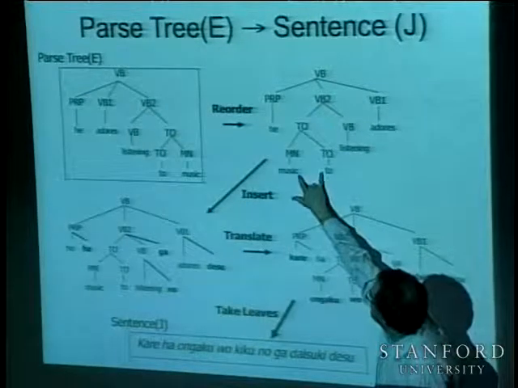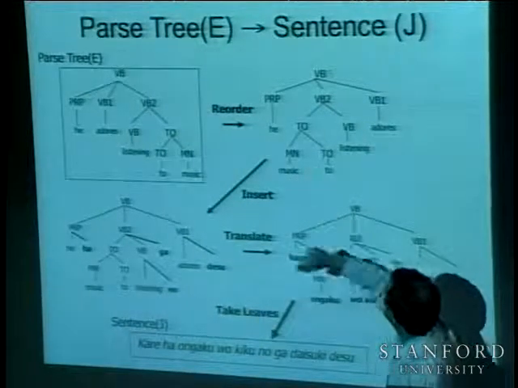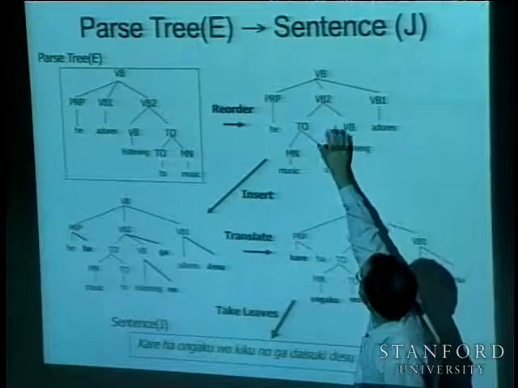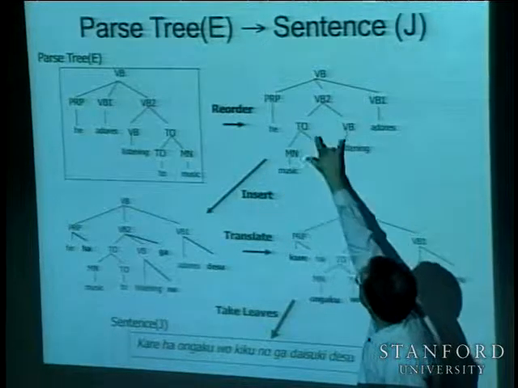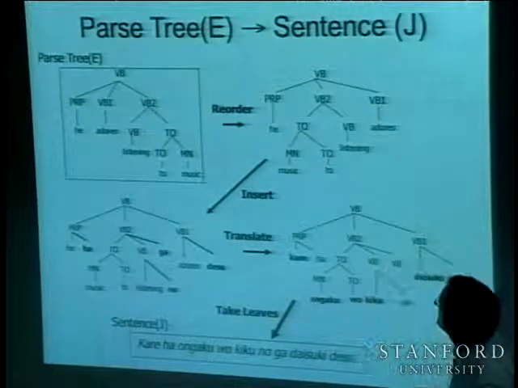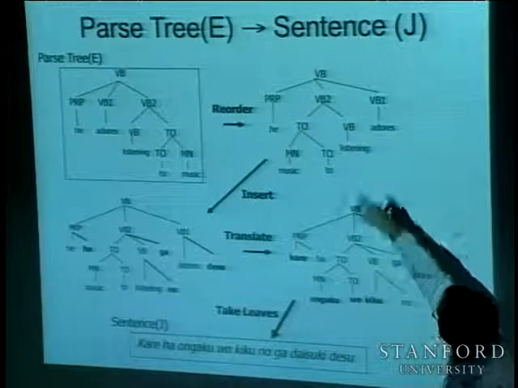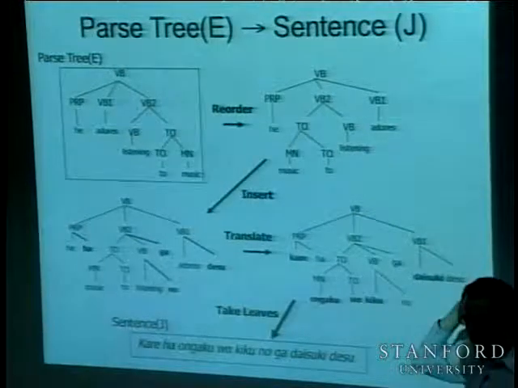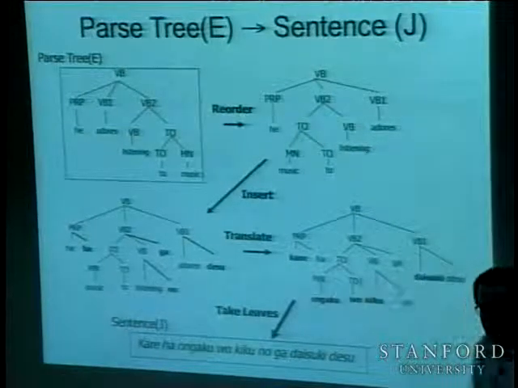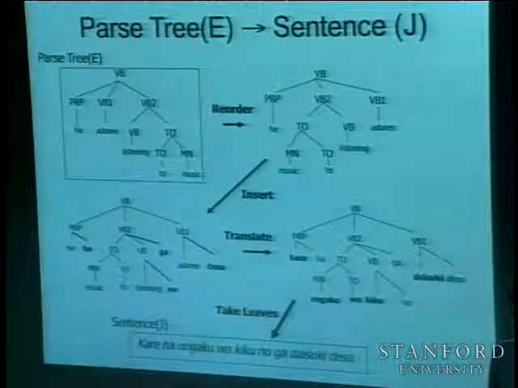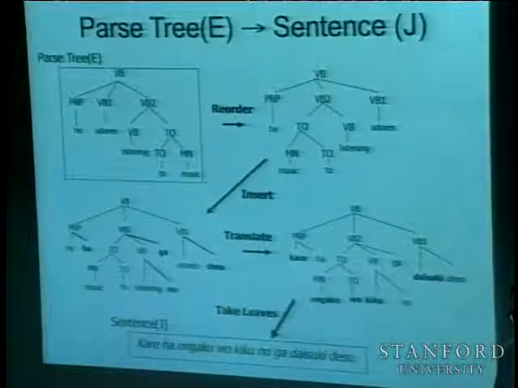I can swap around the to phrase and the verb that used to be listening to music, and swap them to music to listening. And then I can recursively do the same one more time up the top and get the verb at the end and the object before it. So just by swinging things around, I can turn things into the right word order for Japanese.